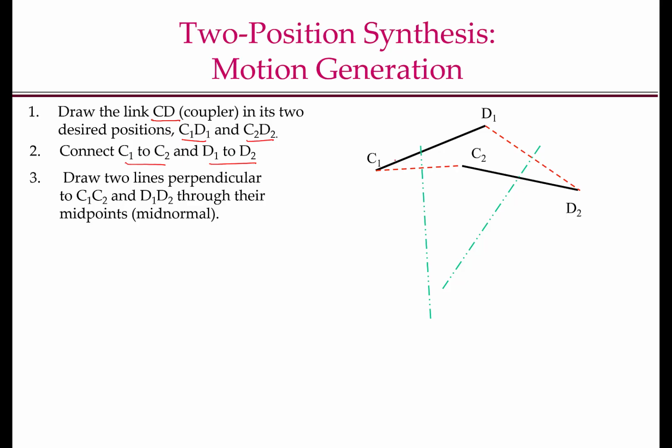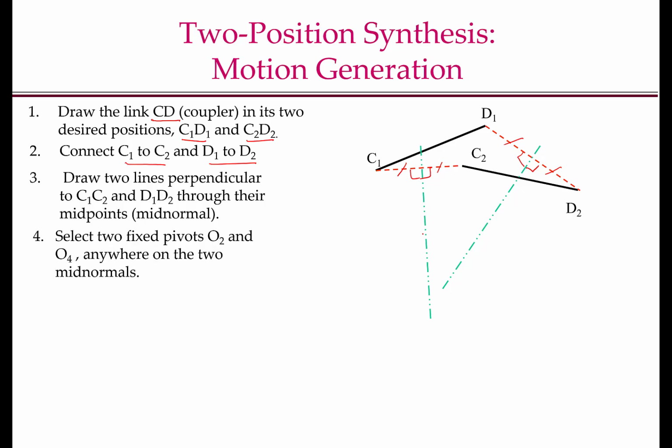Then we will draw a perpendicular bisector or mid-normal of C1, C2 and a perpendicular bisector or mid-normal of D1, D2. So this has to be perpendicular here and these two have to be equal. Now, any point on the perpendicular bisector of C1, C2 can be chosen as a fixed pivot O2.